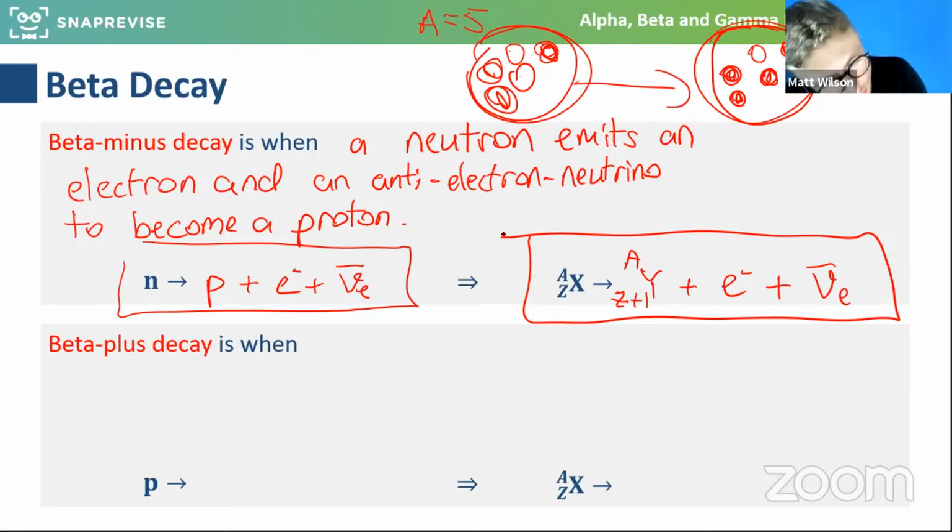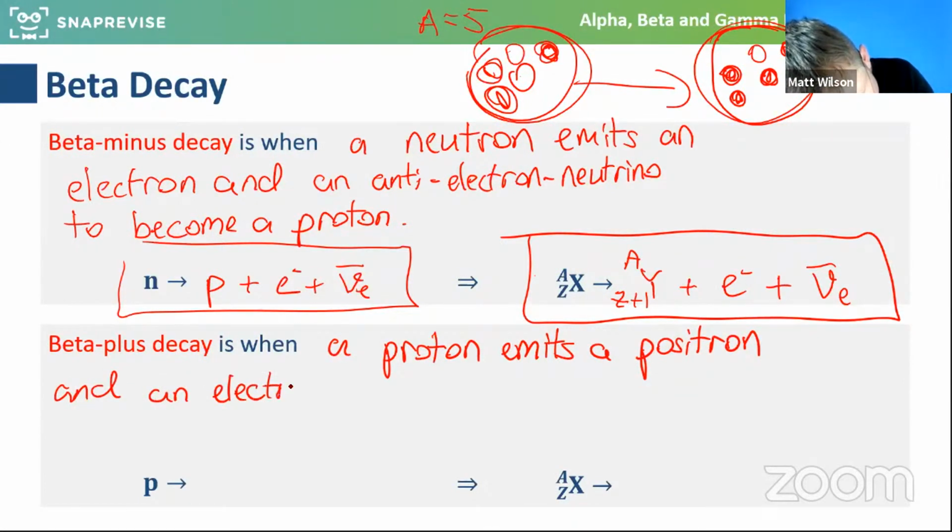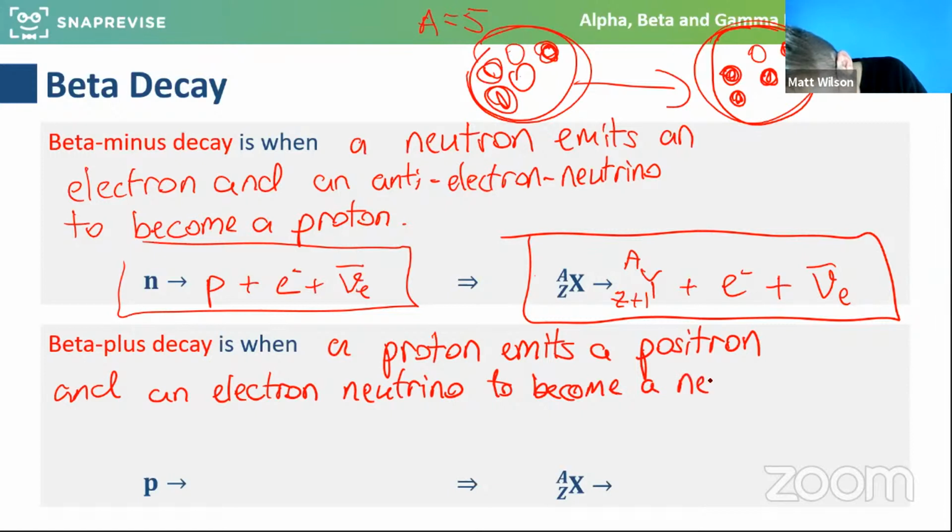Okay, so beta plus decay is when a proton emits a positron and an electron neutrino to become a neutron.